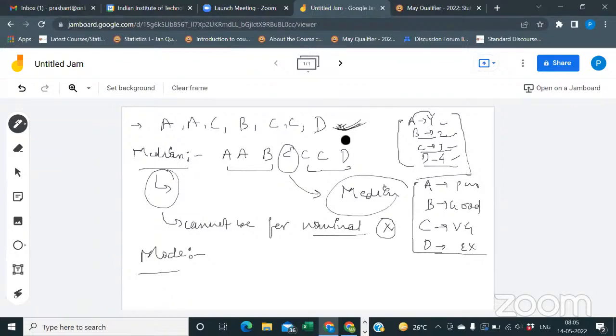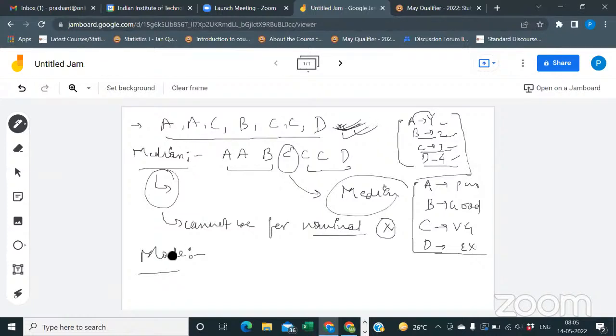Then you need not arrange anything. If there is no predefined meaning of A, B, C, D, then you just calculate the mode. If it's nominal data, you can calculate the mode. There is no need of arranging. Thank you, sir.